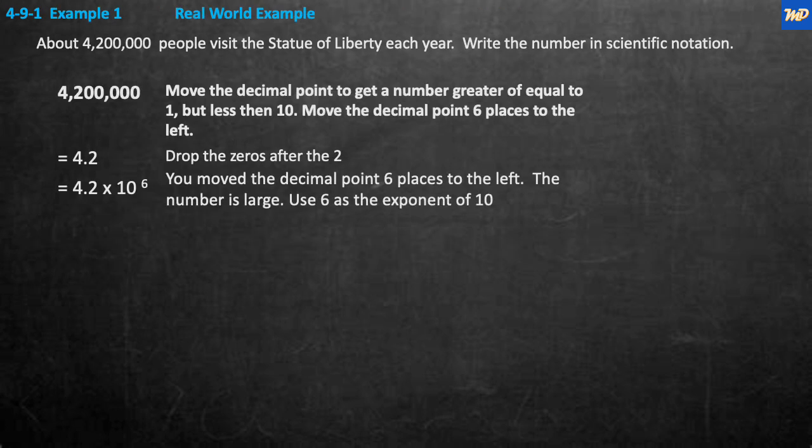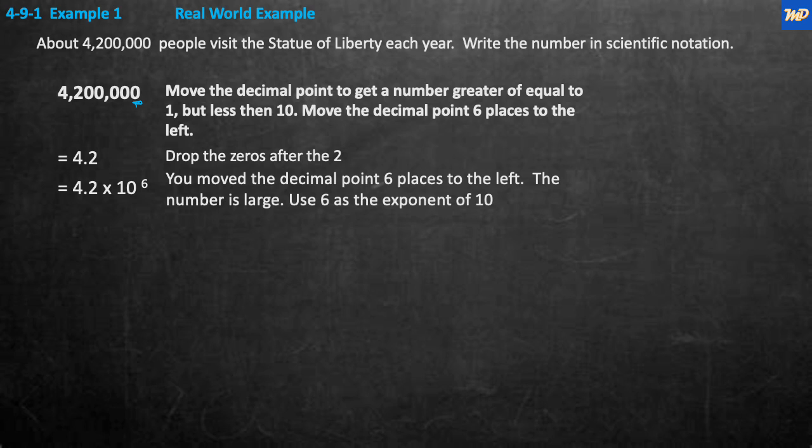I have a little real world example here. About 4,200,000 people visit the Statue of Liberty each year. Write the number in scientific notation. So we start off by taking 4,200,000. We move the decimal place, which is right here, all the way over till it's just before the last non-zero number.